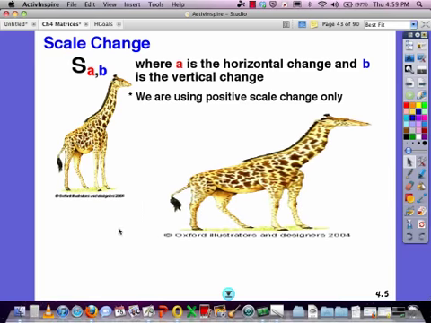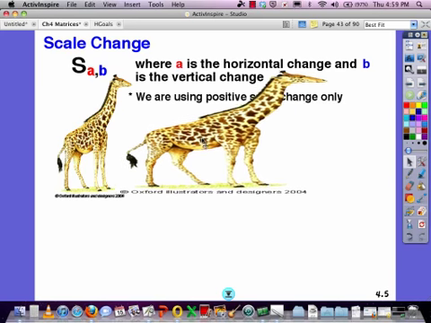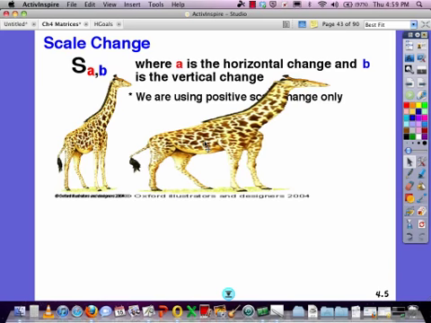Same giraffe, and all I've done is made the X-axis 5, 6, 7 times bigger. So what has happened? If you look and compare, and take this and put it back over here, he is still the exact same height. We did not touch that.